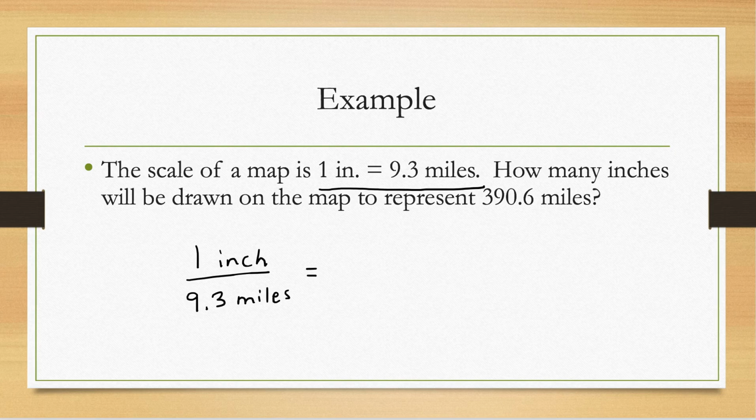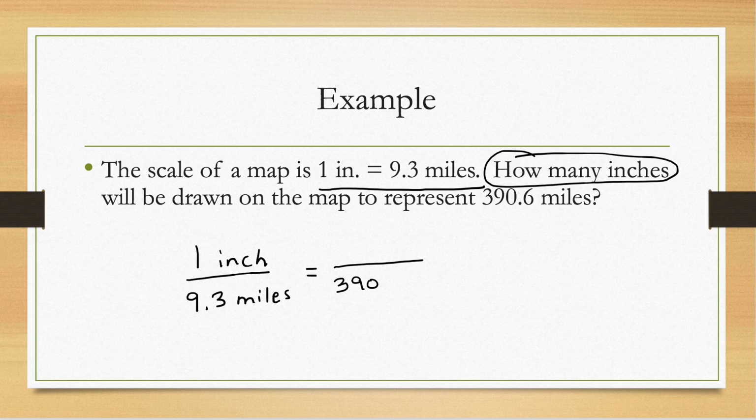Now remember that we're doing equivalent ratios, so we're going to have two fractions set equal to each other. One fraction is going to be 1 over 9.3. The other fraction is asking us how many inches will be drawn on a map to represent 390.6 miles. The thing you need to be careful about is that if miles is on the bottom of the first fraction, then miles needs to be on the bottom of the second fraction.